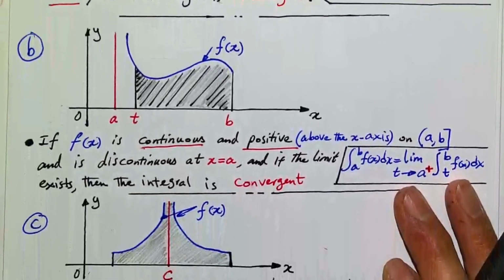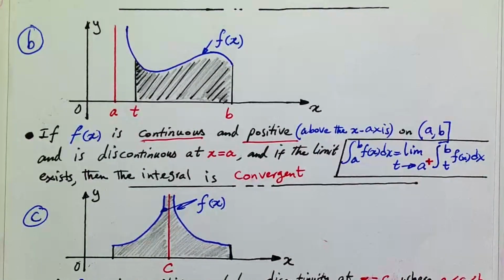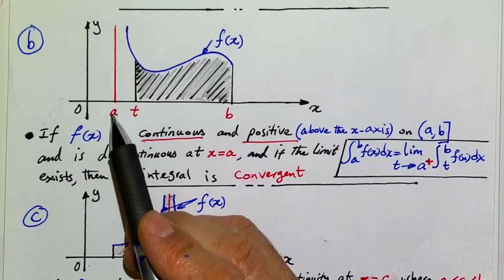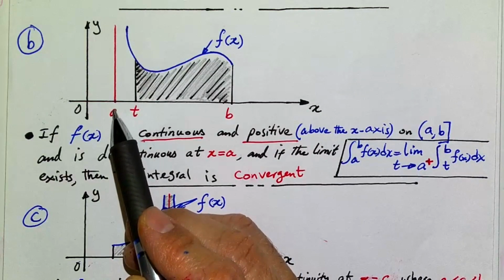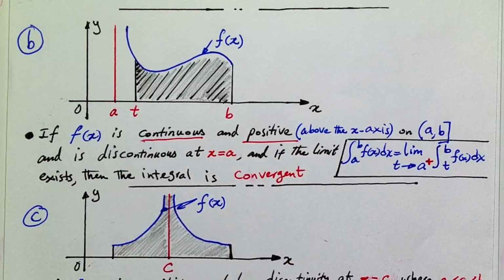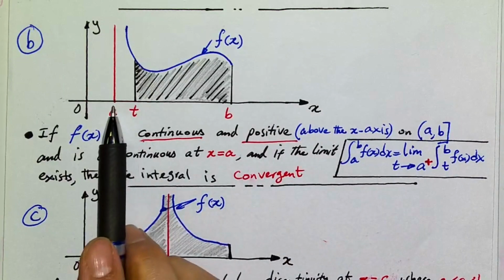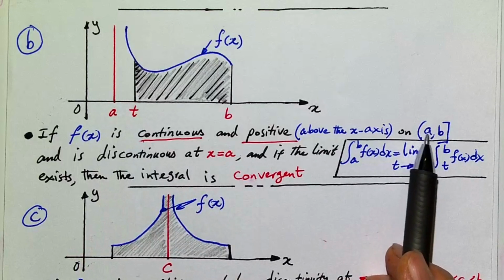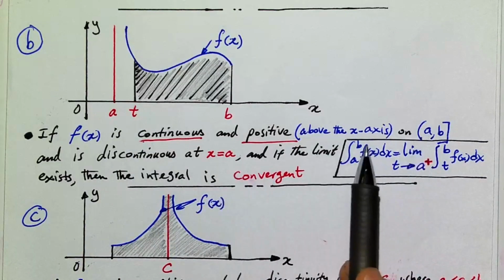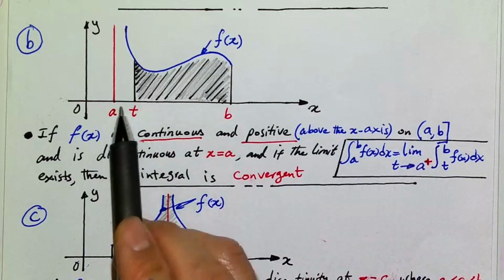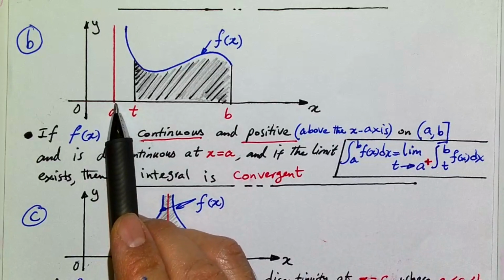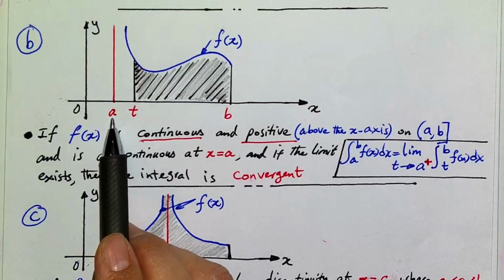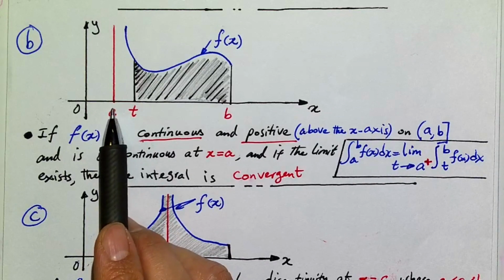Now, case B is if the vertical asymptote was on the lower limit of the integral. Not on the higher limit, but the lower limit on the left side. In other words, here, x can never be a because we have an asymptote there. So this time, x equals a is a vertical asymptote, the lower limit of the integration.